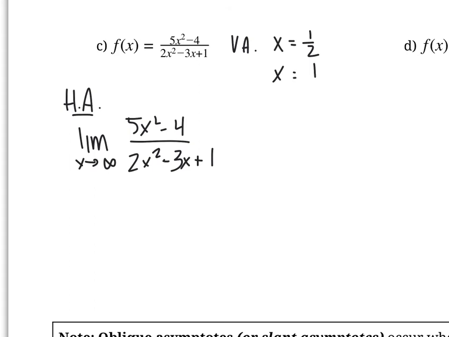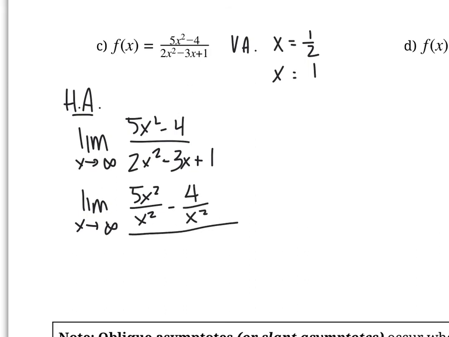In this case, the highest power is x squared, so we will divide each term by that: 5x squared over x squared minus 4 over x squared, all over 2x squared over x squared minus 3x over x squared plus 1 over x squared.